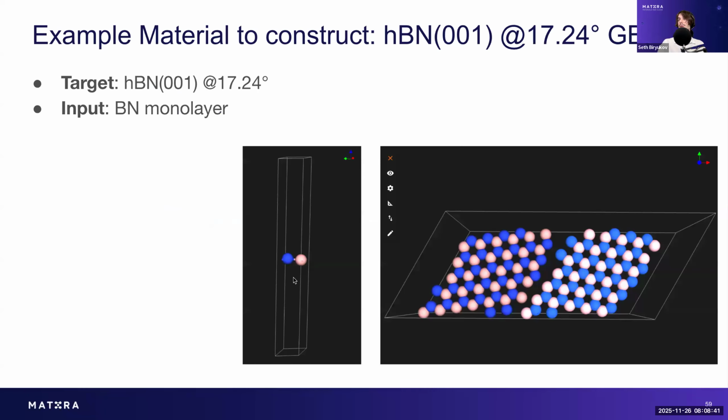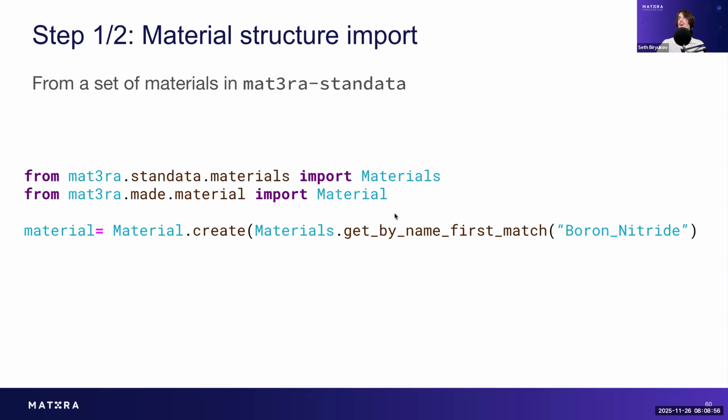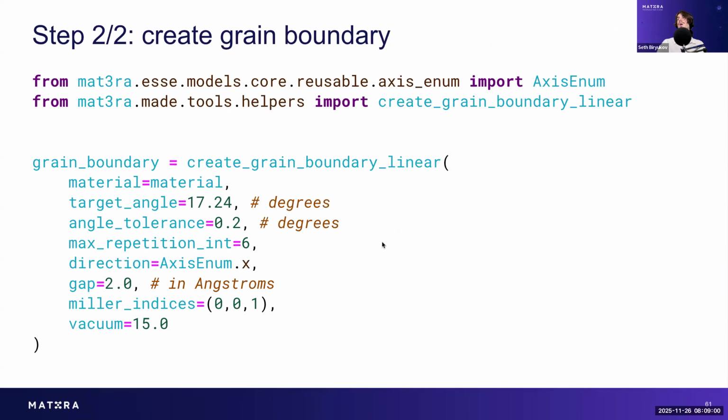So we start with the boron nitride monolayer, and we want to create a commensurate interface that has some specific angle. In order to do that, we would get the boron nitride from some data.